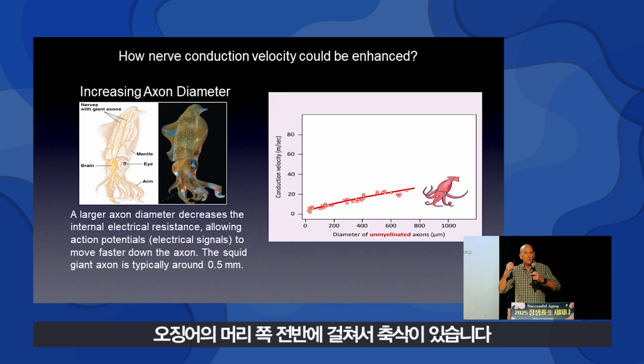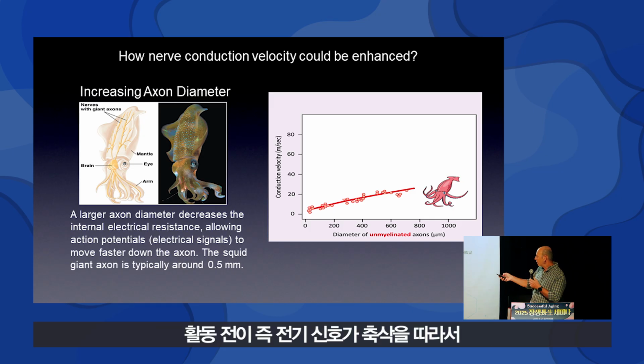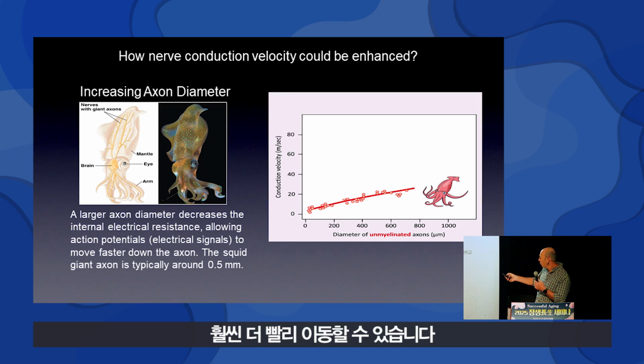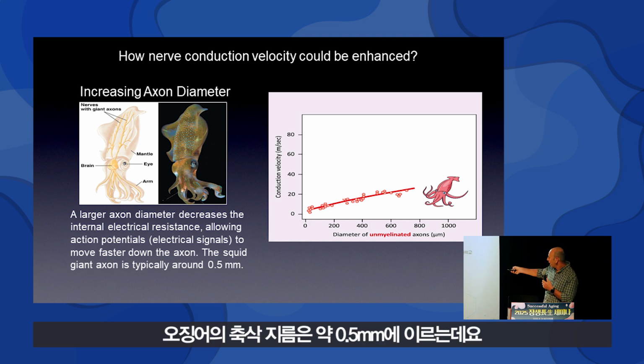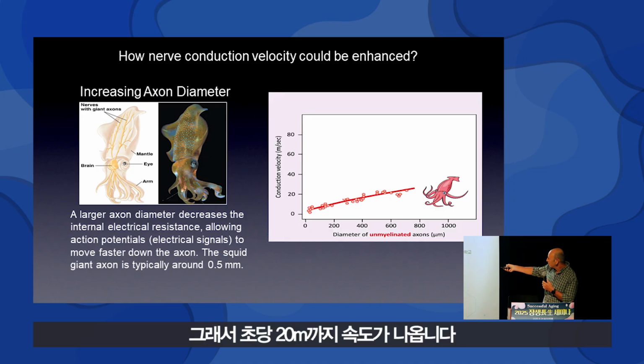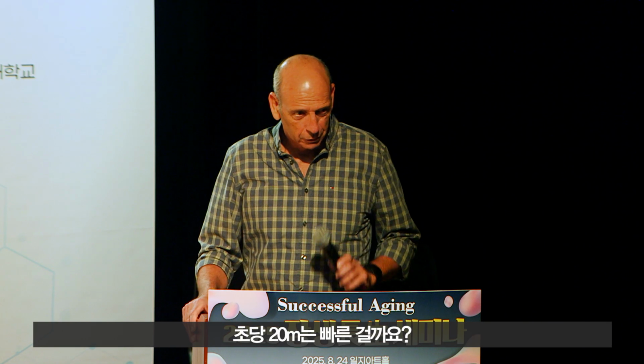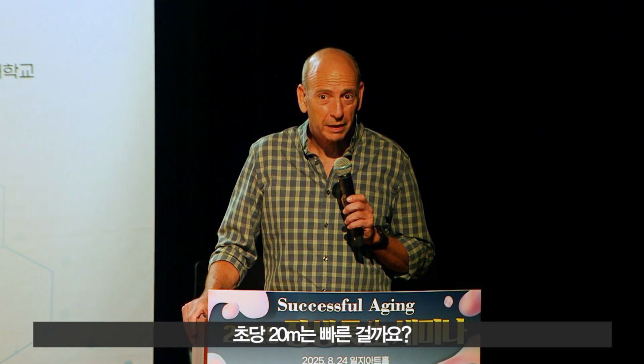This axon is just huge, and it allows the squid to swim. If you look at how fast these neurons will transmit their signal, a big axon, which is like 0.5 millimeter here, will transmit at 20 meters per second. So do you think 20 meters per second is fast?